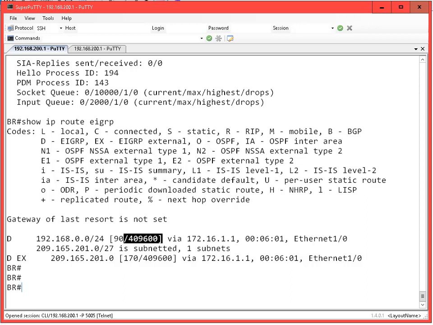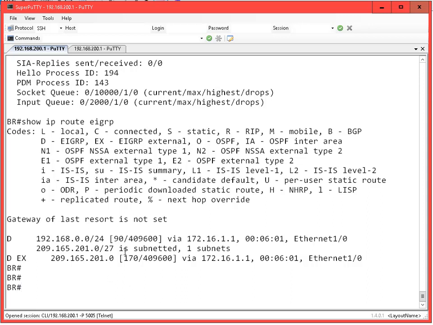Then we can see the metric. 409600 is the metric for BR to reach that destination, and we see a similar metric for the external route. That makes sense, we're only going over one link to reach those destinations. So far, everything looks good. Later in this lesson, I'm going to show you how we actually come up with that number.